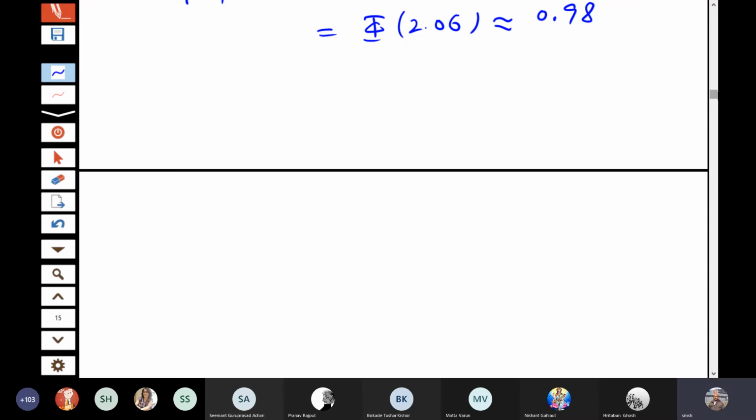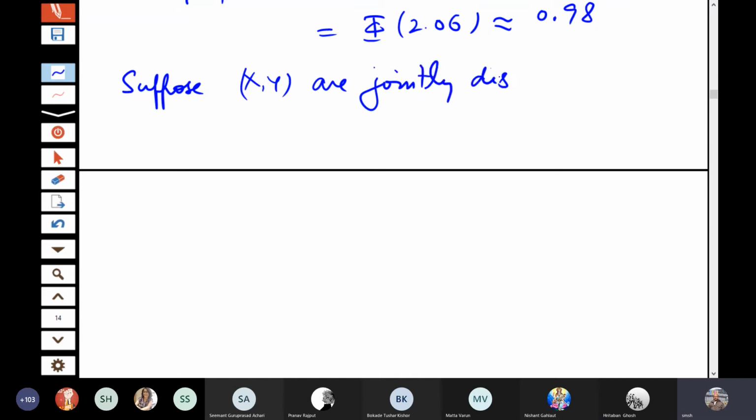This I can do in an iterative way as follows also. Suppose x and y are jointly distributed, and I am considering the expectation of g(x, y).